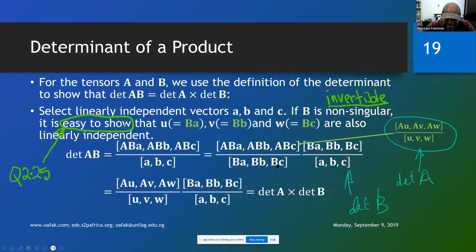If you look at this very well, you will see that since U, V, and W are linearly independent, this first expression is the determinant of A, because we said you can choose any three linearly independent vectors and you form this product. Similarly, BA, BB, and BC over ABC is the determinant of B. So we have proved that the determinant of the composition is the product of the determinant of each of the tensors in the composition. So that is the proof of that, as we have decided to do.